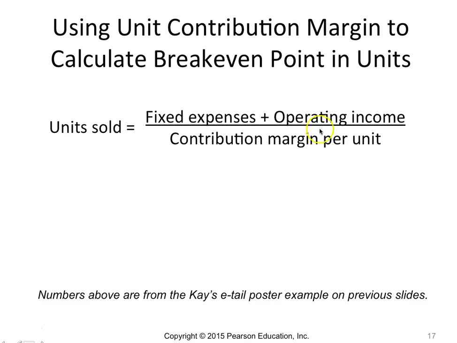Or you can multiply both sides by contribution margin per unit, so volume times contribution margin per unit gets us to contribution margin, which equals fixed expenses plus operating income. So that's where we came from. This is the formula to find units sold. As long as we know fixed expenses, operating income, and contribution margin per unit, we can find the total volume.